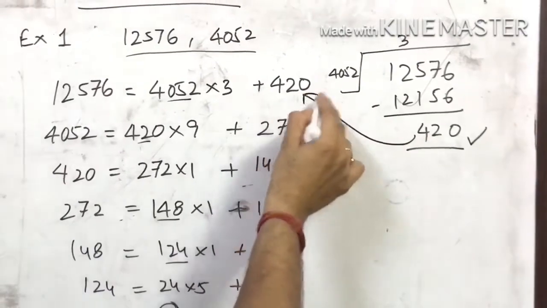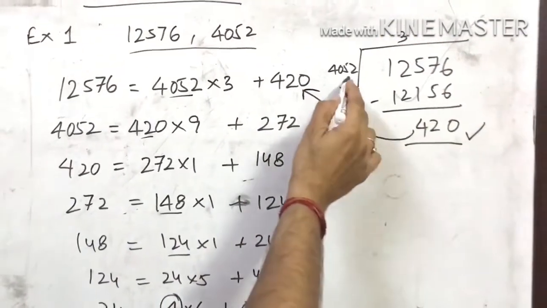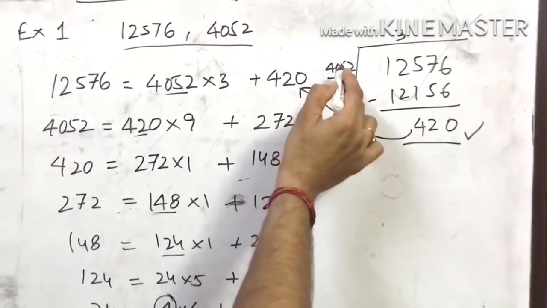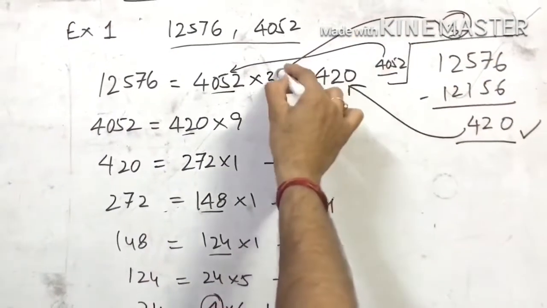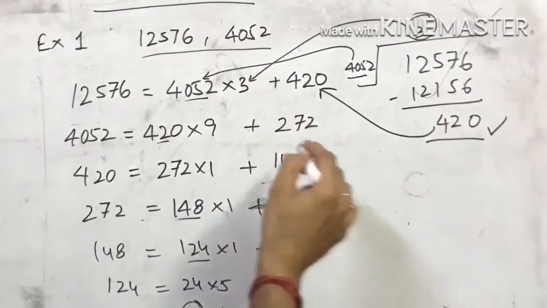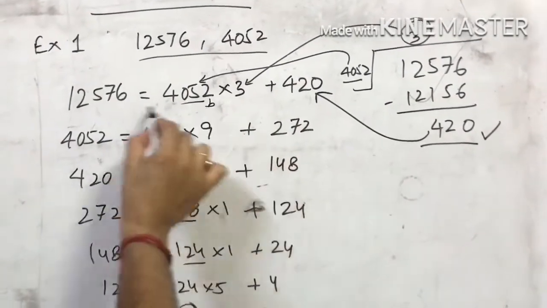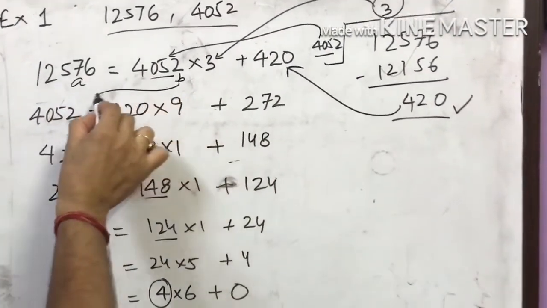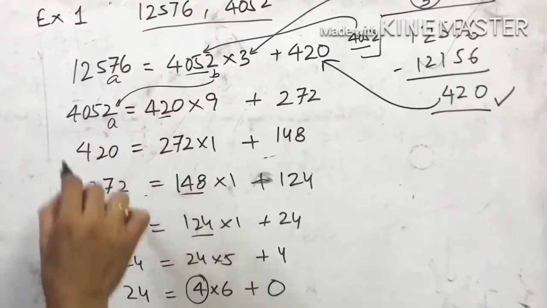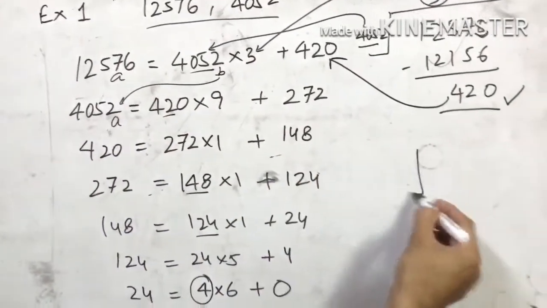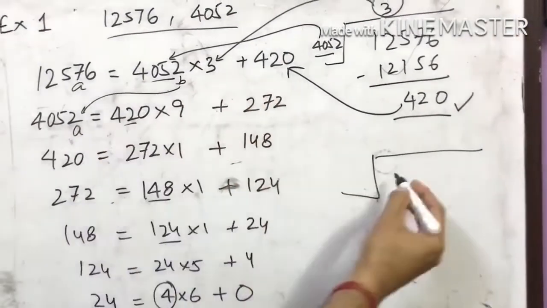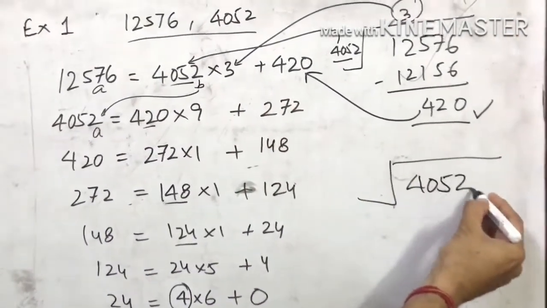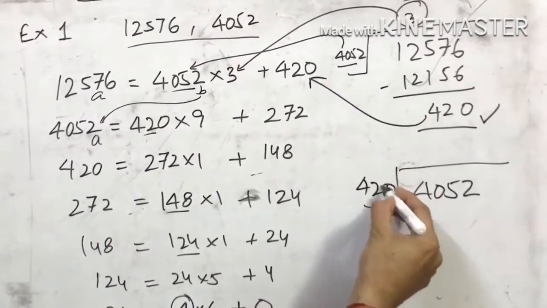So remainder will come here. So this is the number by which you are dividing it. So this number will come here, and quotient is this. You will bring this number here. Now next step is that this number B and this number A. Now take this B number to the position of A. Again you have to follow the same thing, and the remainder, this will become your B. So now you write down 4052 divided by 420.